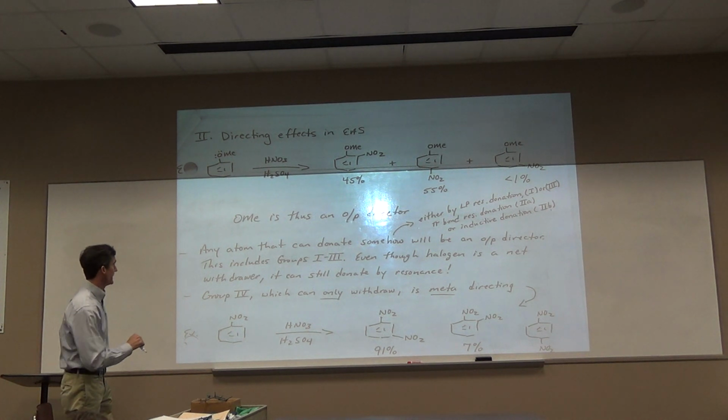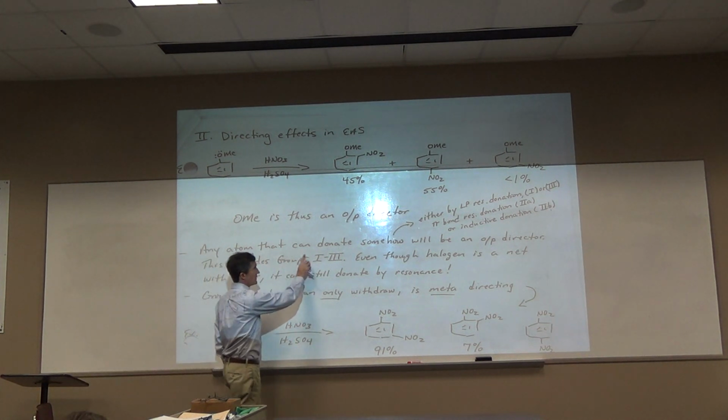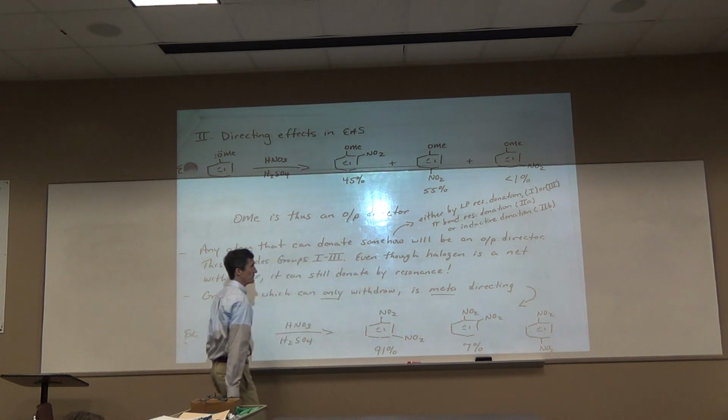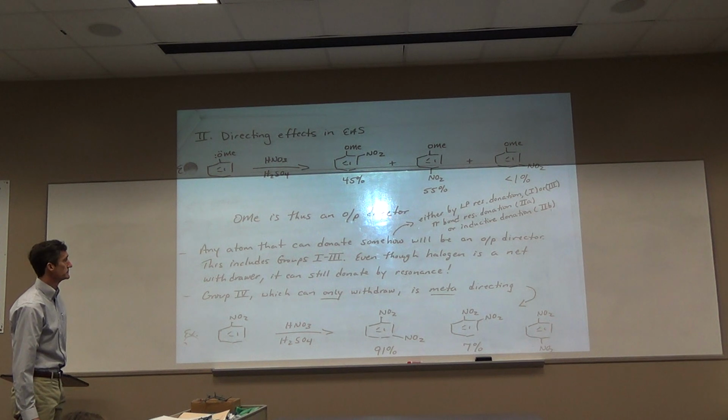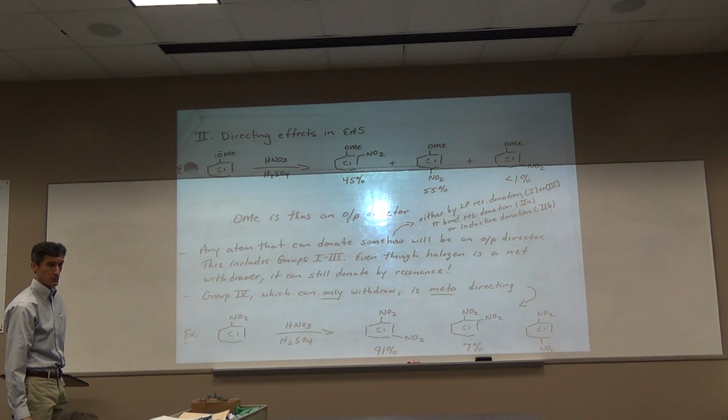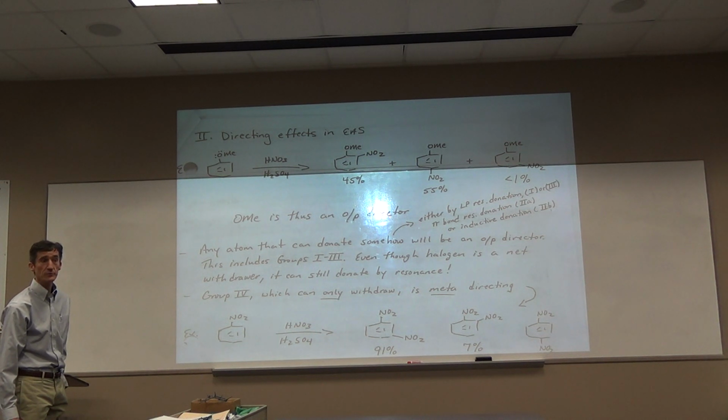Okay, here's our statement. Any atom that can donate somehow will be an ortho-para director. Which groups donated? Groups 1 through 3. Right? If I agree that group 3 donated, how did group 3 donate? What was group 3?